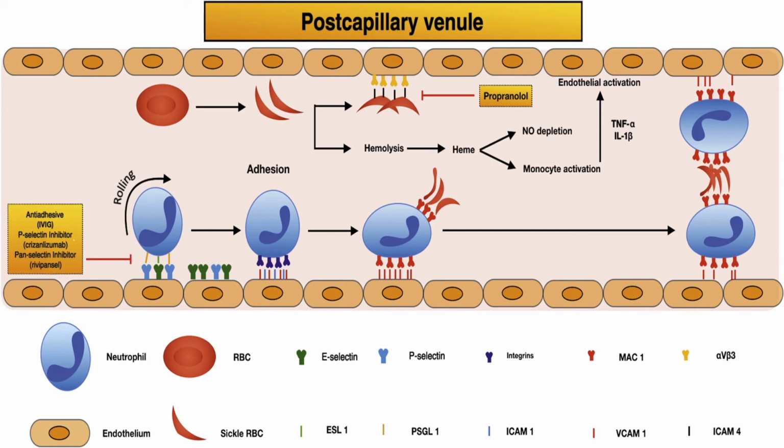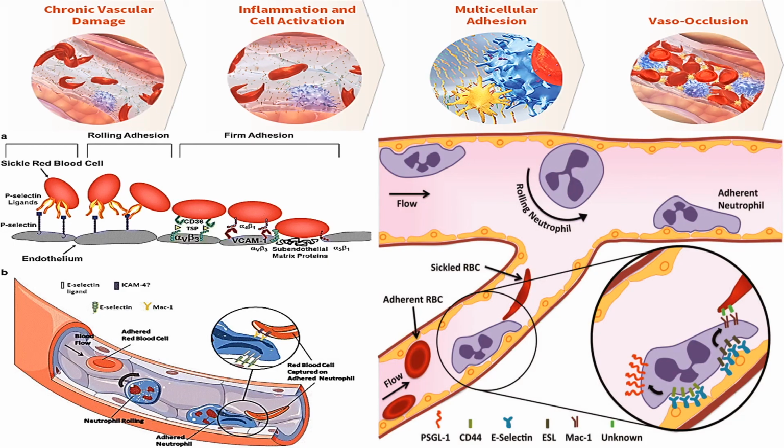So there is hemolysis, heme production, and endothelial activation. Because of this extracellular heme, there is NO depletion and monocyte activation. Monocyte activation will further lead to an increase in interferon alpha and interleukin 1 beta, which will again propagate endothelial activation. This is the same thing in diagrammatic form.